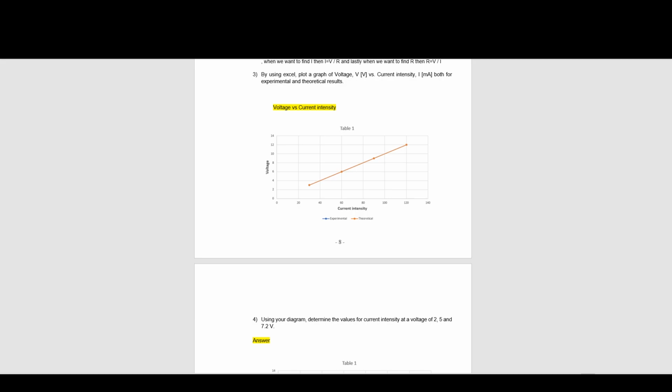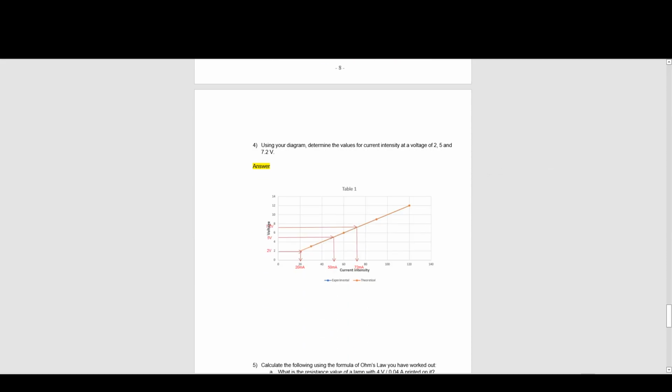The y-axis is voltage and the x-axis is current intensity. We take the experimental values and the theoretical values from table 1 and plot them into the graph, and we get that the experimental graph and the theoretical graph are the same.